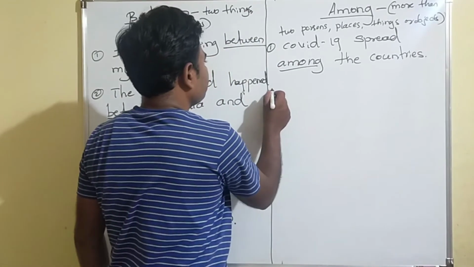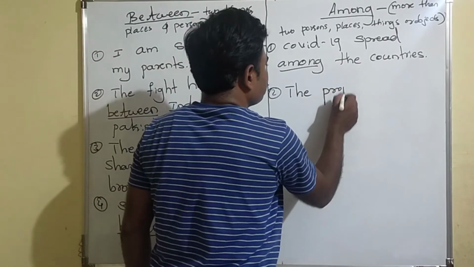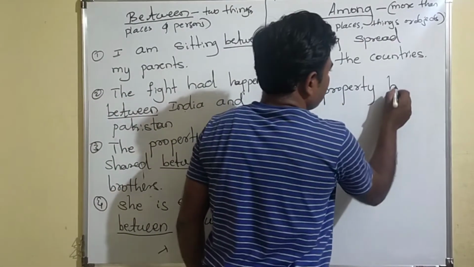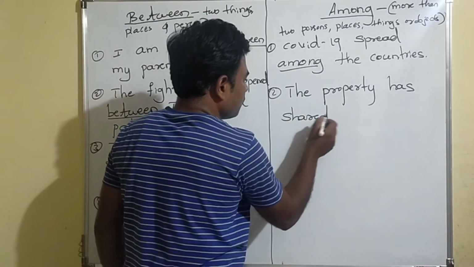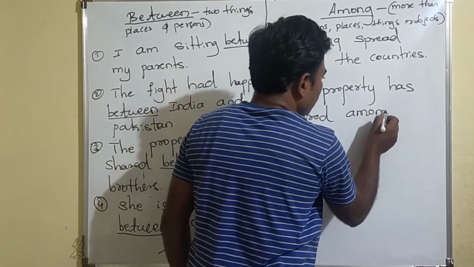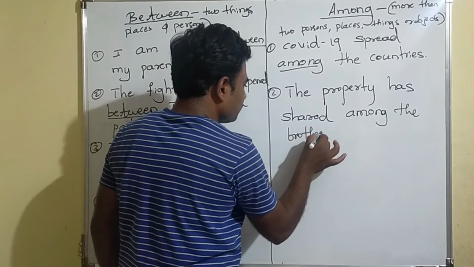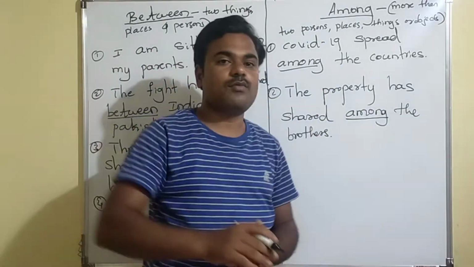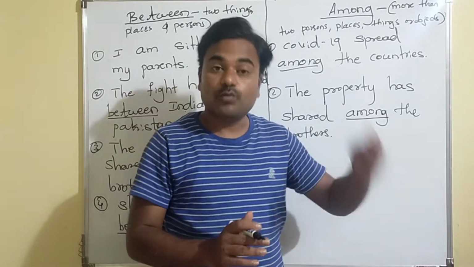Another example, the property has been shared among the brothers. Among the brothers. Here there are more than two brothers, more than two members.